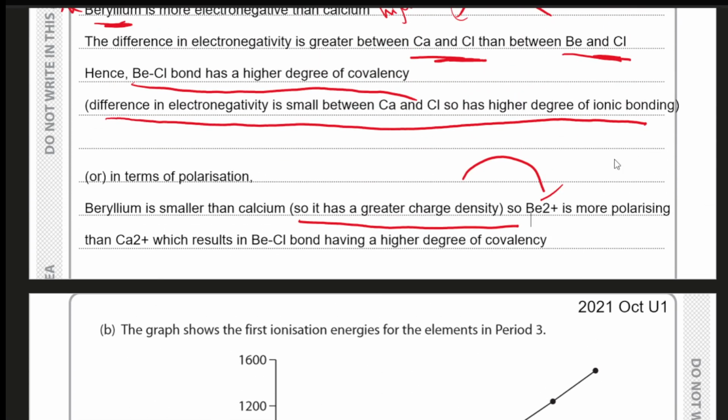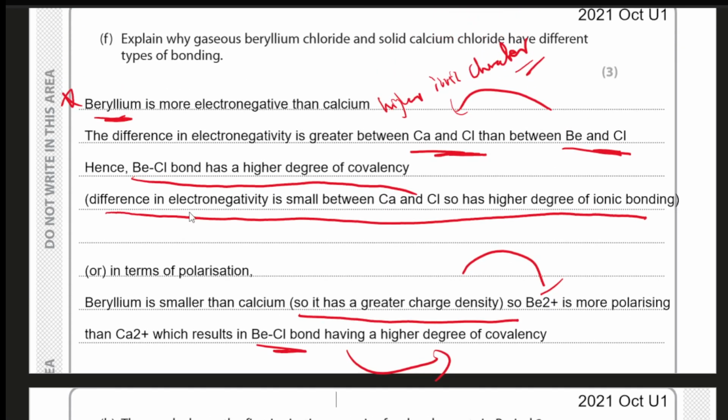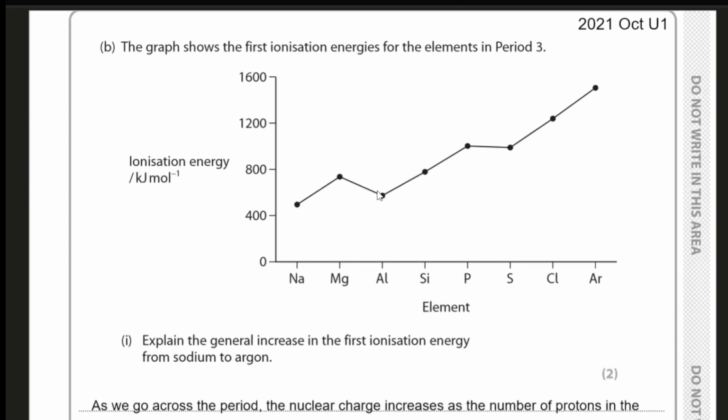So due to the higher polarizing power, the Be-Cl bond will have a higher degree of covalency. The degree of covalency can be described in two ways: in terms of electronegativity difference, or in terms of polarization or polarizing power, and compare it.